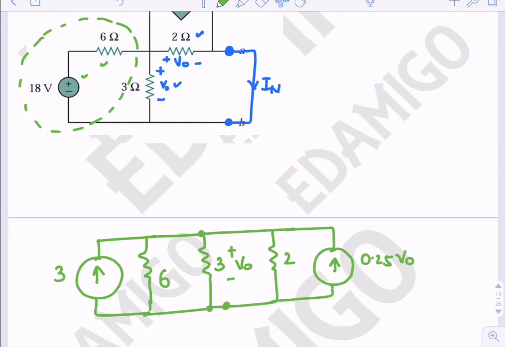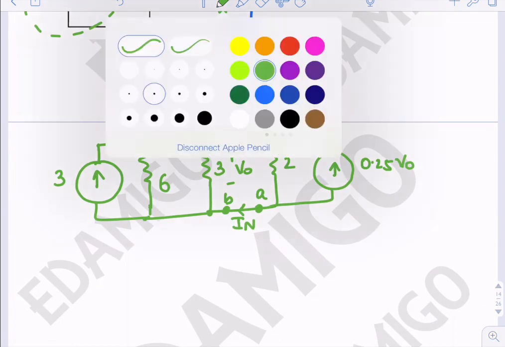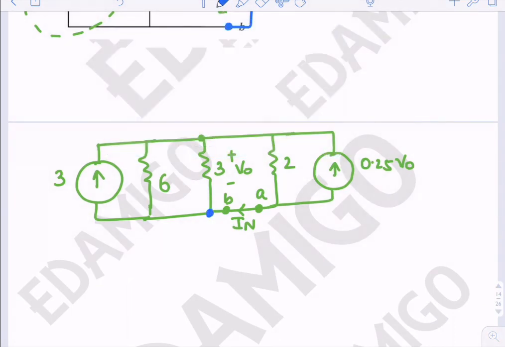Now I have rotated this portion of the circuit in the clockwise direction. So this is terminal A and this is terminal B and this is current IN. For simplicity, now let us say that this terminal is grounded and this terminal is at V0 voltage.